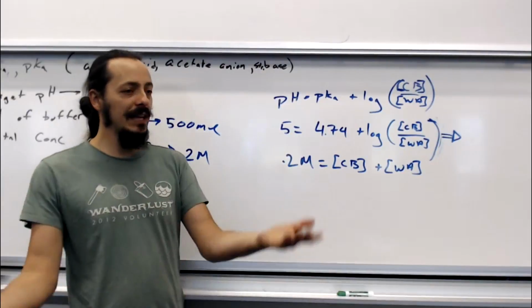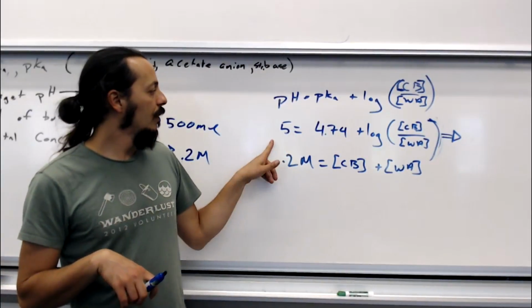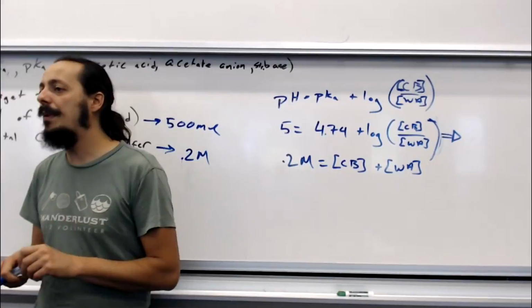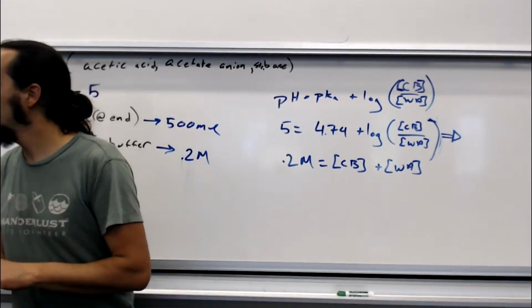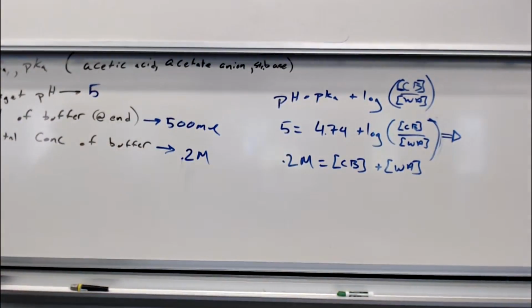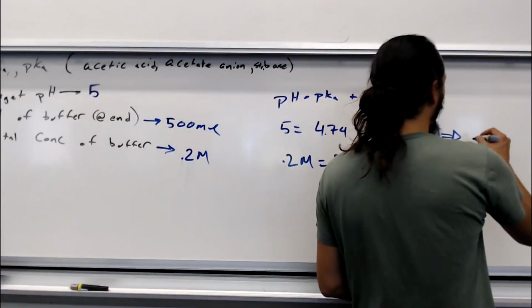So do me a favor, get your calculators out. 10 to the power of 0.5 minus 4.74, I need a couple people to agree with that.